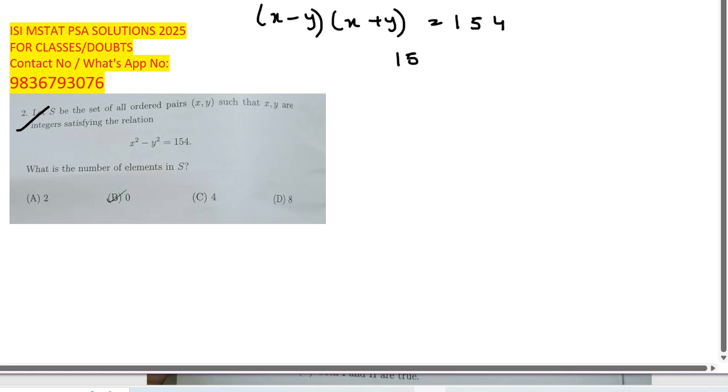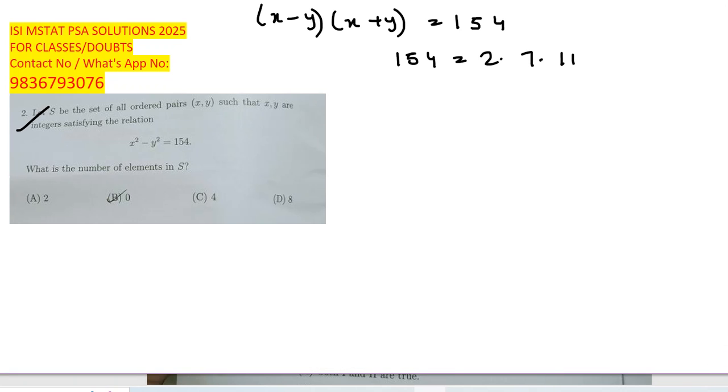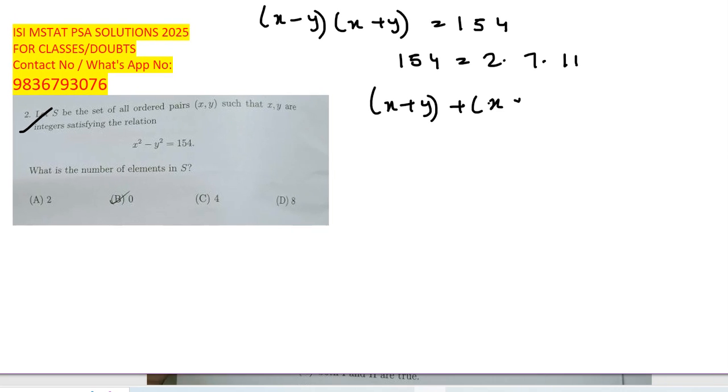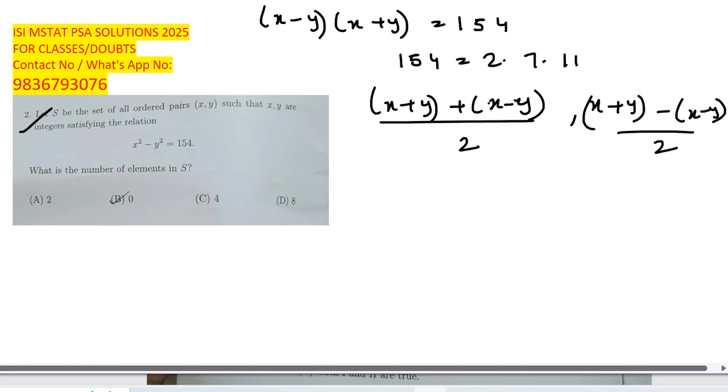So we'll factor 154. That's 2, 7, 11. We'll count the number of factor pairs of 154 like that. Factors are integers: x plus y plus x minus y by 2, and also x plus y minus x minus y by 2, they are integers.